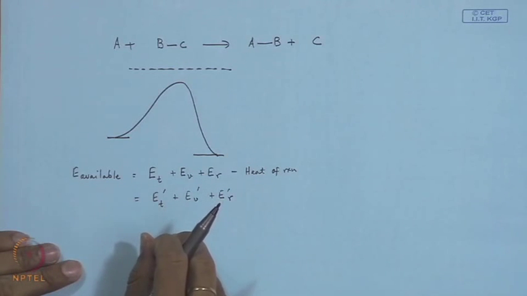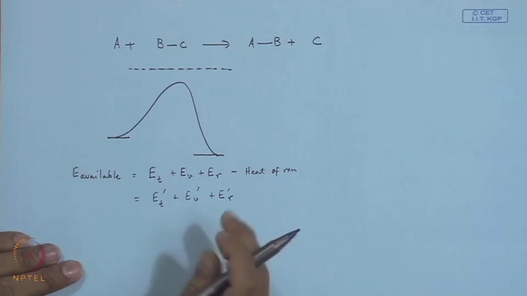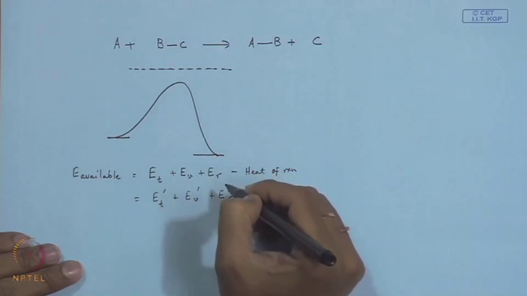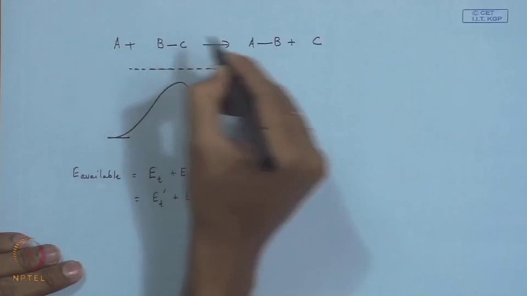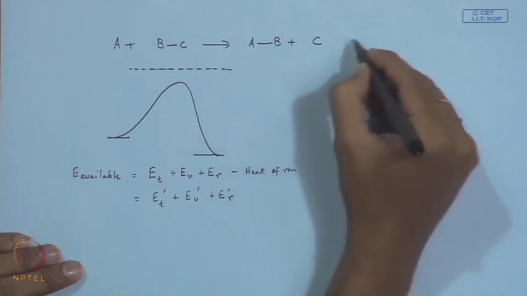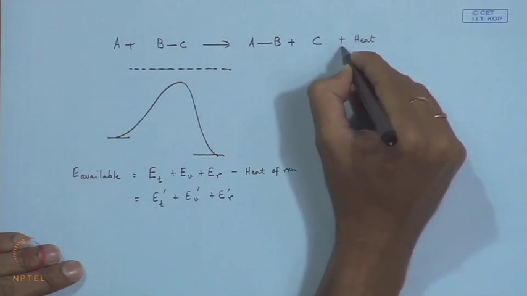What is happening is that because of this process from A to B, energy must be conserved, that is, this side energy and that side energy must be conserved, plus minus heat.